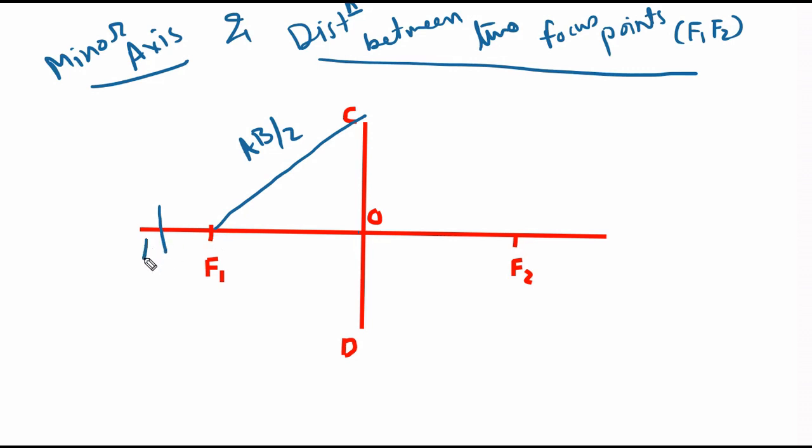So you will get point A over here, and on the other side you will get point B. This arc is nothing but CF1, and CF1 is nothing but AB by 2. So this way we can obtain the major axis from the given data, minor axis and distance between two focus points.